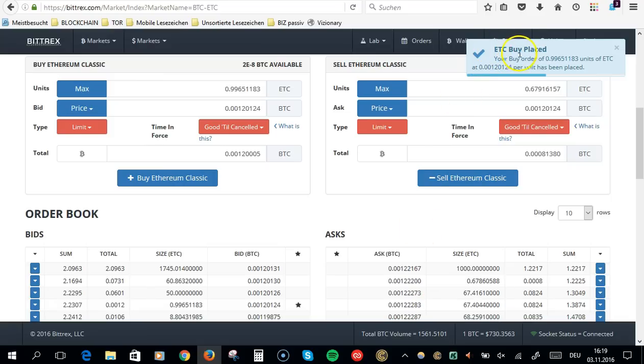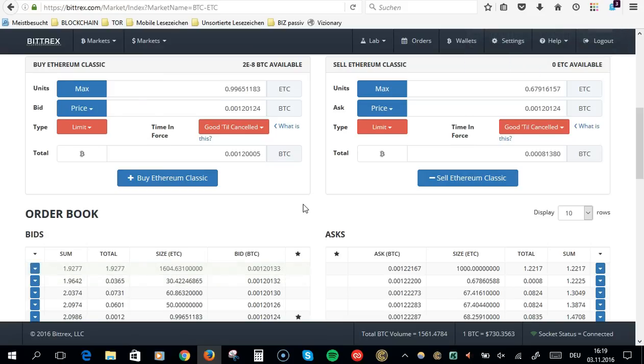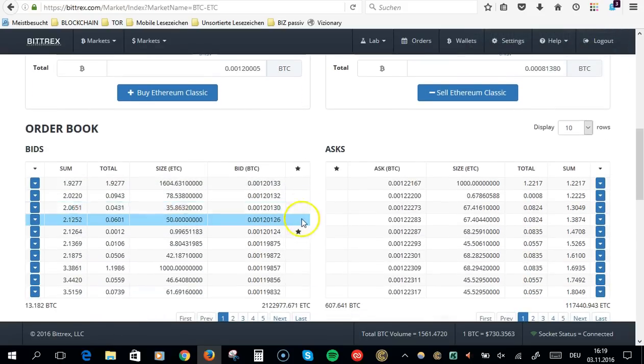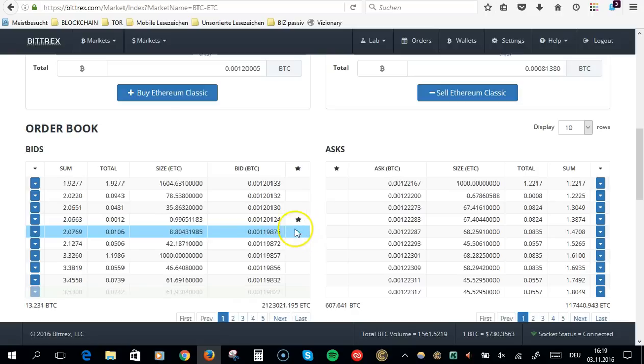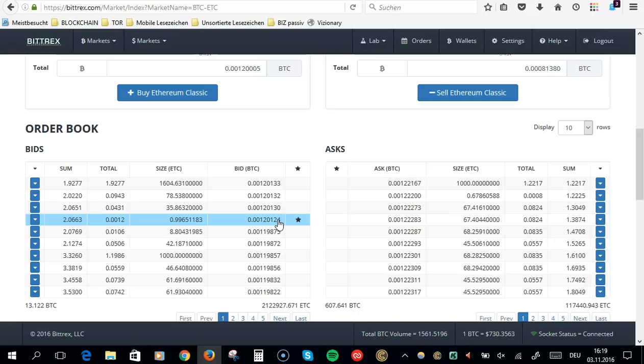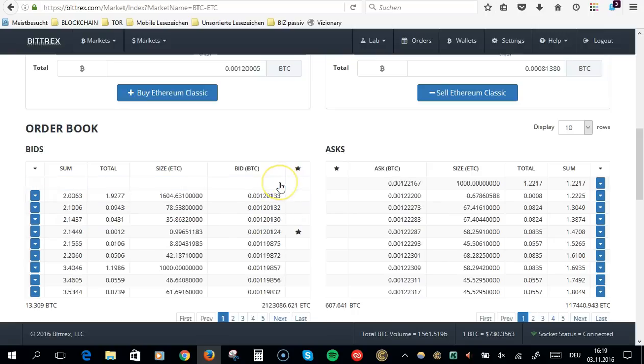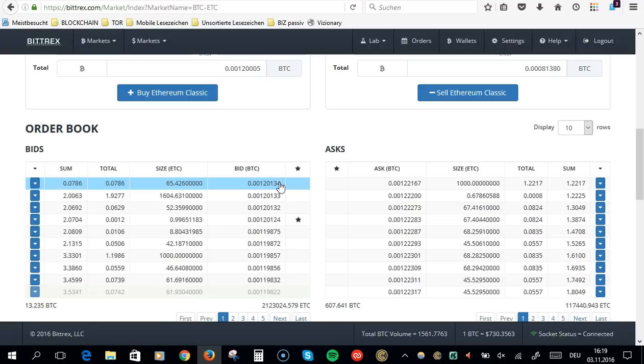Now the ETC buy order has been placed, but as I told you before, it is not filled instantly because the bid I'm making is lower than what someone else is bidding. So my buy order is not filled right now, so I have to wait.